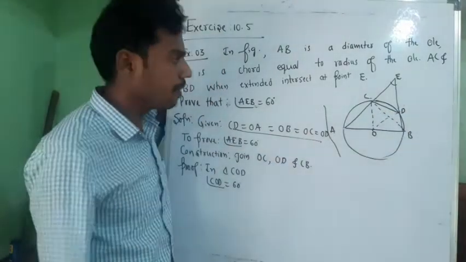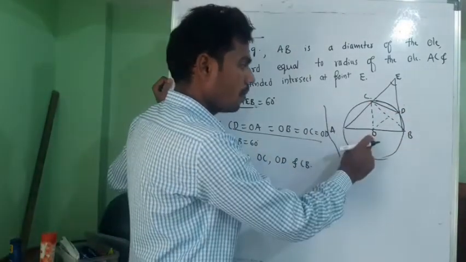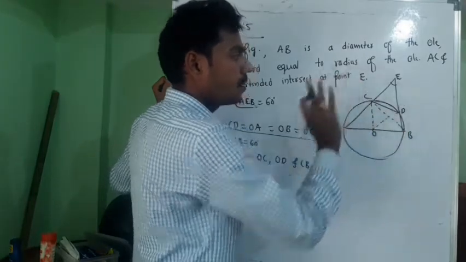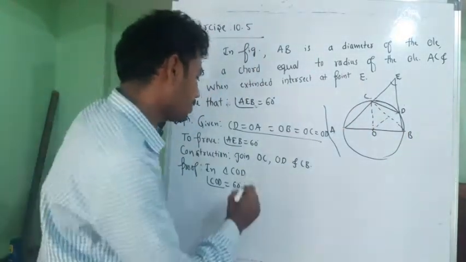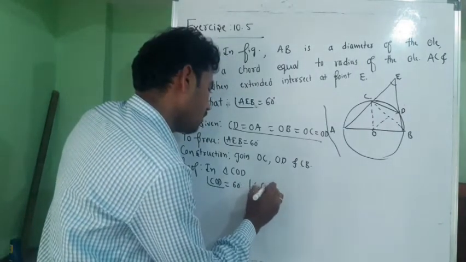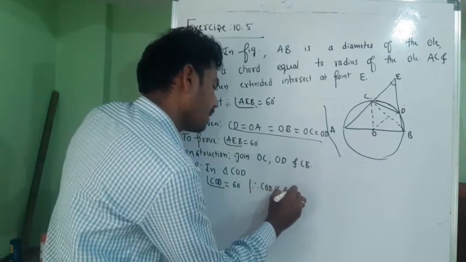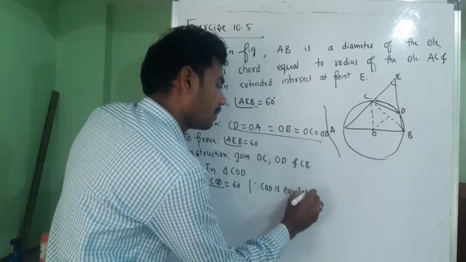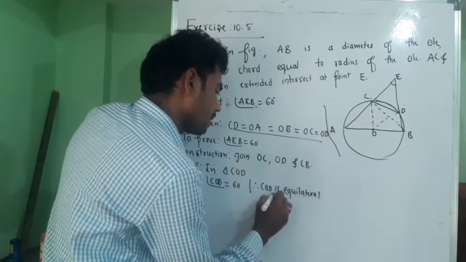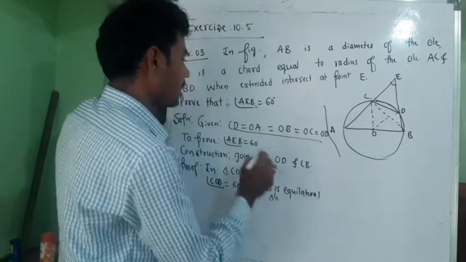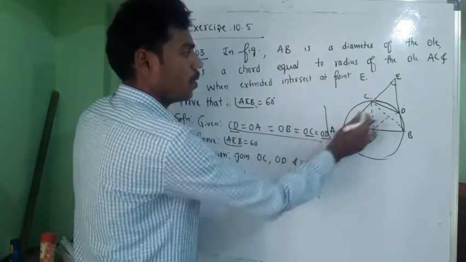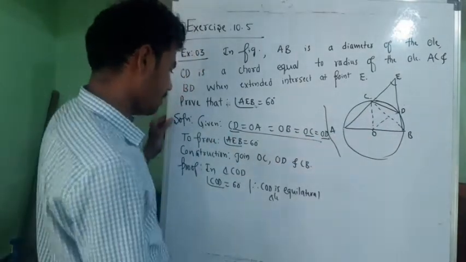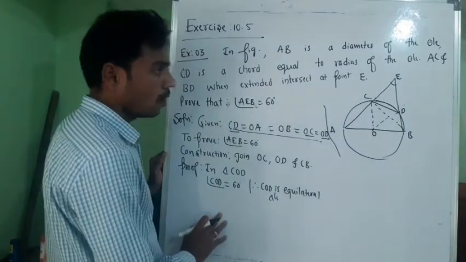Why I can write that? Because CO is equal to OD, OD is equal to CD. All the three sides of the triangle are equal. Therefore COD is an equilateral triangle. Since we have proved CD is equal to OC is equal to OD, it is given.